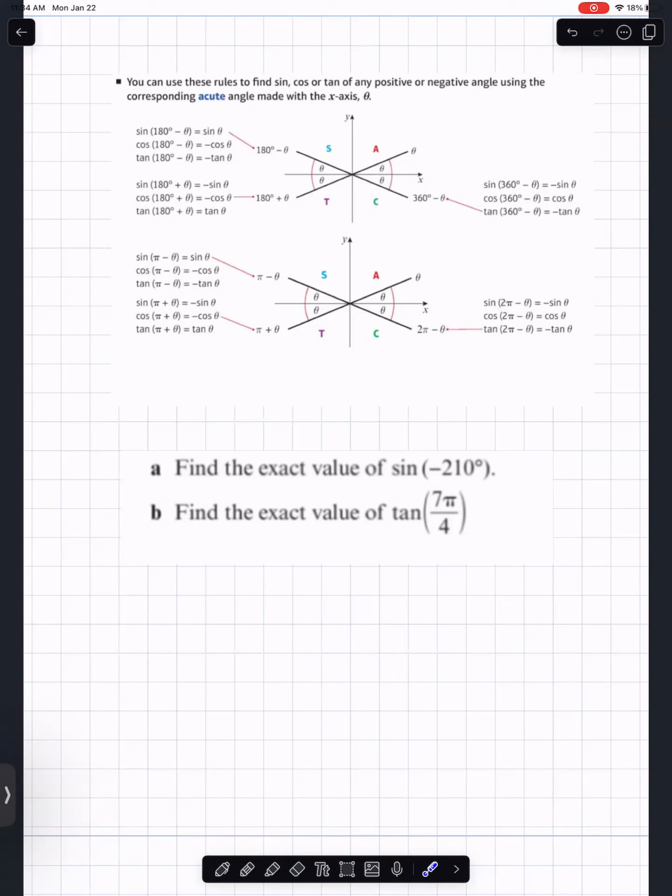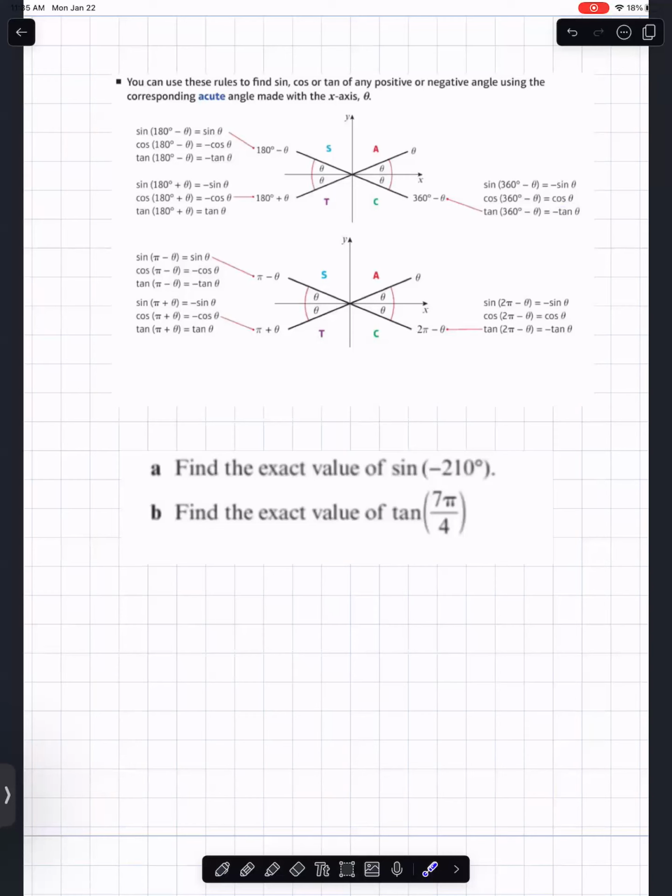So we are giving this example here. We have to find the exact value of sine of negative 210. Sine is negative on this axis, and we have said the only negative ones here are what? Cos and what? Tan. So that means it's either a cos or a tan of an angle.